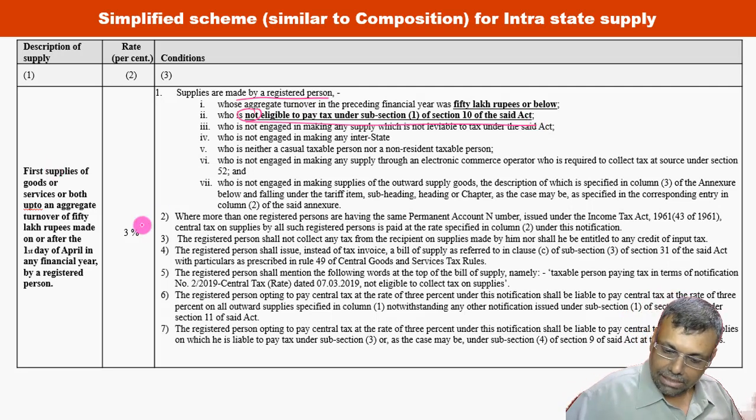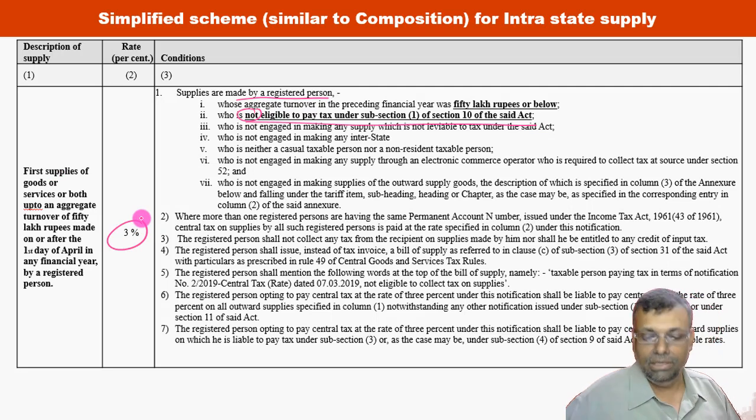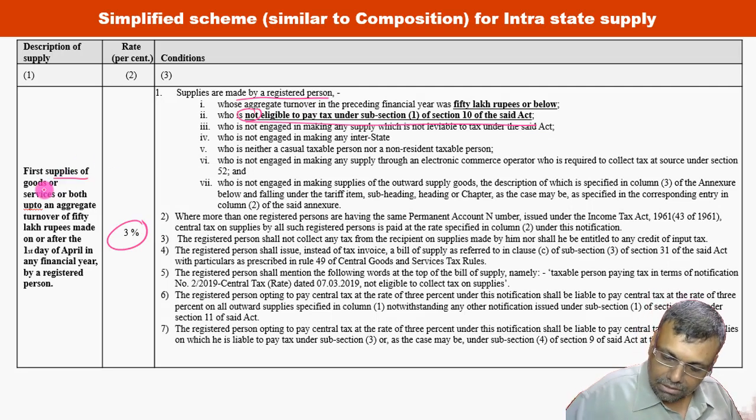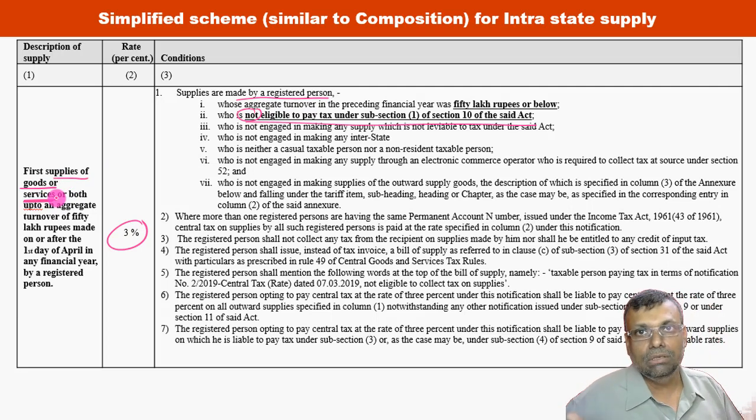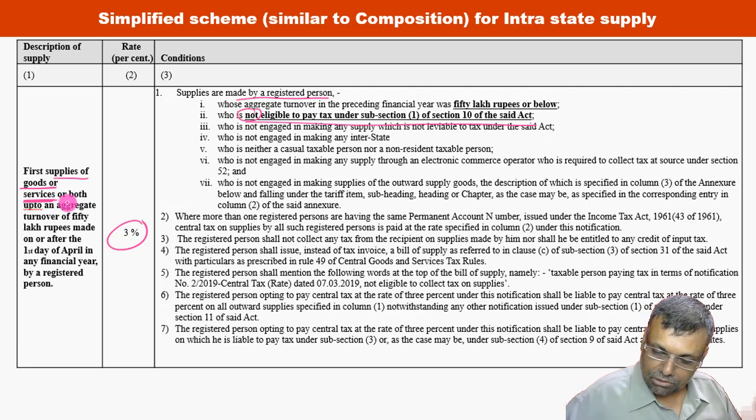Second point is that the rate provided is 3%. Further, the supply of goods or services or both. So this scheme is applicable with respect to goods also, and with respect to services also.